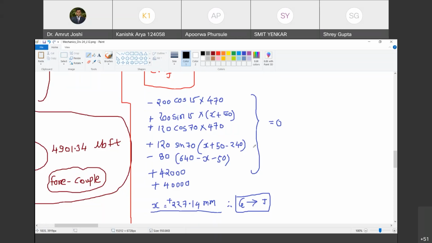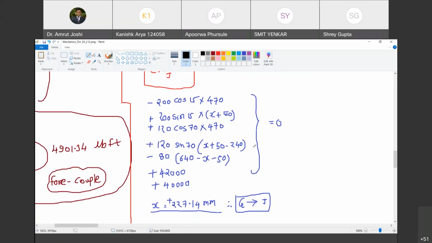So minus 200 cos 15 bracket complete into 470 plus 200 sine 15 into bracket alpha x plus 50 plus 120 cos of 70 into 470 plus 120 sine of 70 multiplied by alpha x plus 50 minus 240 bracket complete minus 80 multiplied by bracket 640 minus alpha x minus 50 plus 42,000 plus 40,000.